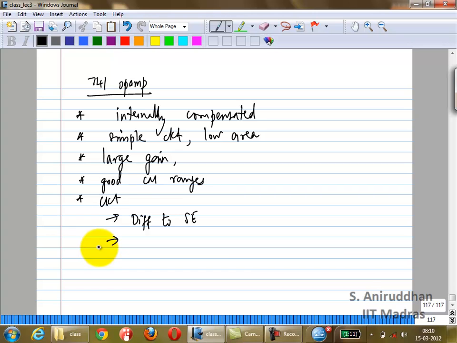In this case, the advantage is it's a general purpose op-amp, so you happen to have dual supplies, which means it runs off plus or minus 15 volts. And specific to the bipolar itself, in the MOSFET case you didn't have a problem with input resistance of the op-amp.